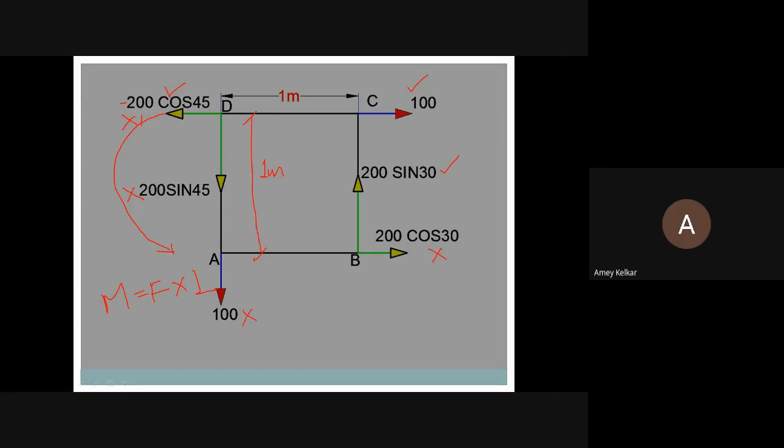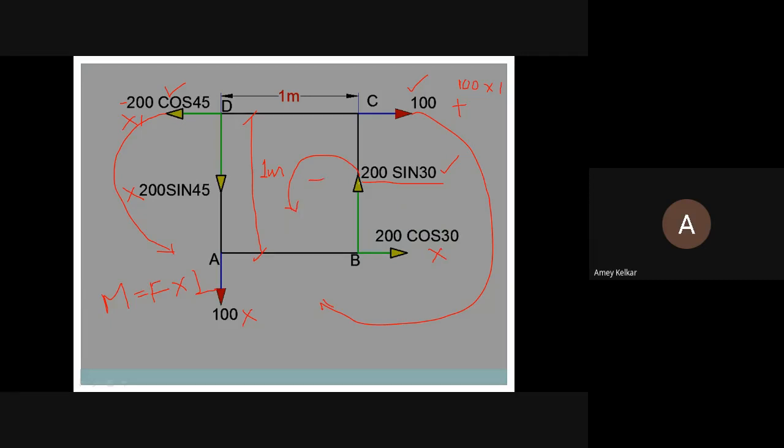Now, when we come to this 100 force, this will be rotating in clockwise direction about A. So this moment will be plus. 100, there is no cos or sin here, 100. This is a horizontal force. Again, the vertical distance with respect to point A is 1 meter. So this is 100 into 1. Now 200 sin 30 will go in the anti-clockwise direction.